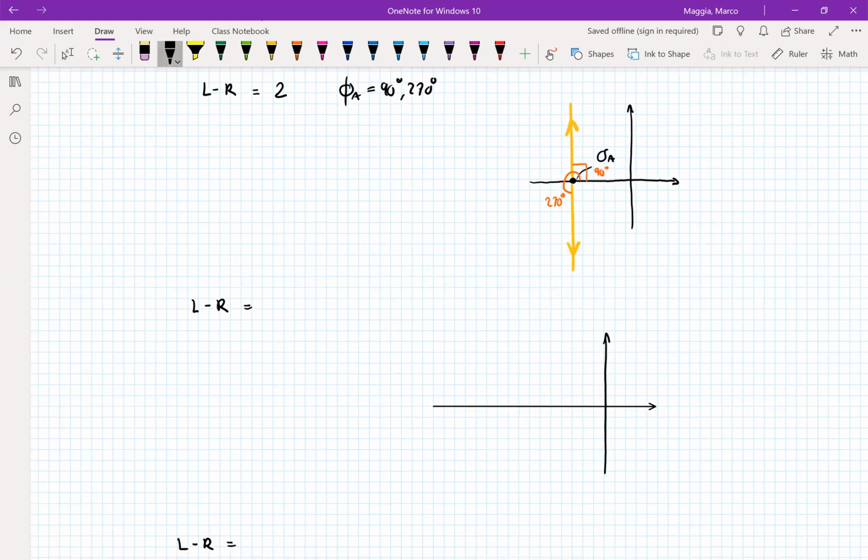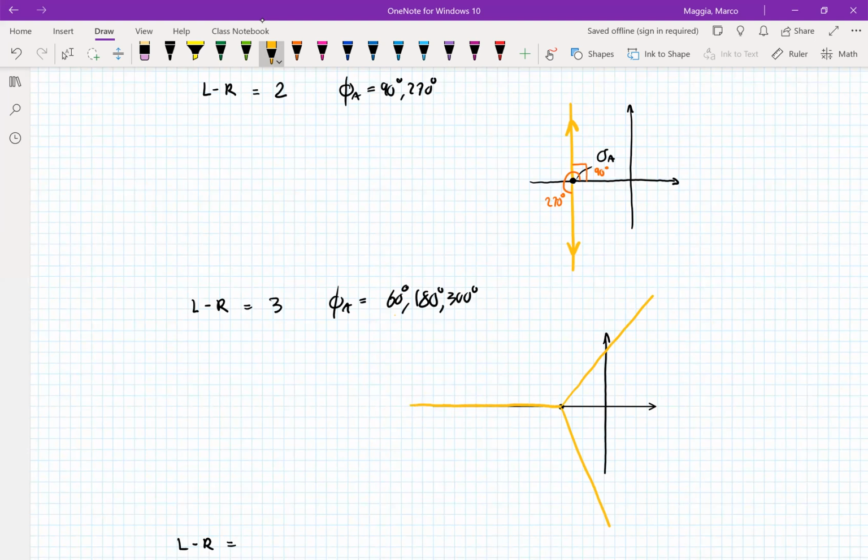What about 3 asymptotes? Well, the angles are going to be 60, 180, and 300, but it's easier to remember how they look. They're equally spaced, and now the angle between 2 asymptotes is 120 degrees.